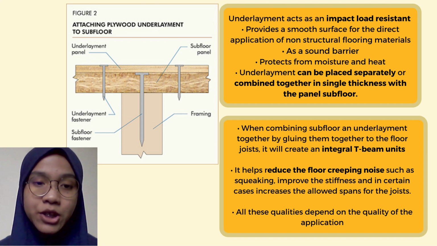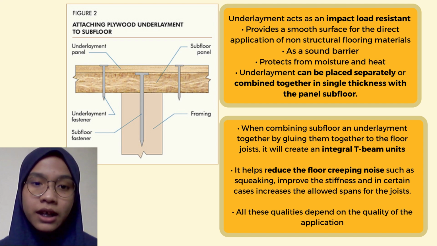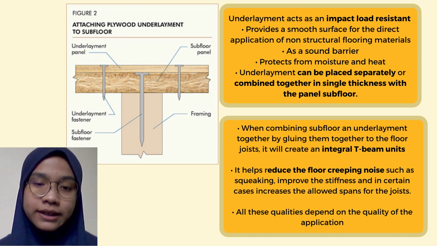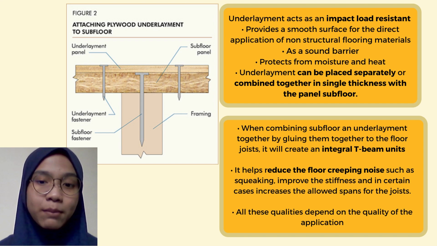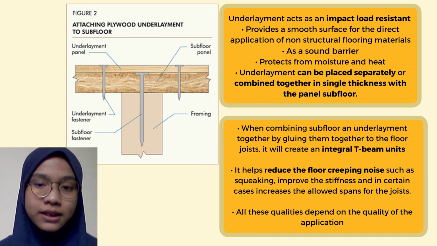As you can see in this picture right over here, it is shown that the subfloor is nailed onto the joist, and then after that they put the underlayment, which is nailed onto the subfloor panels. When combining the subfloor, an underlayment is glued together before nailing them.